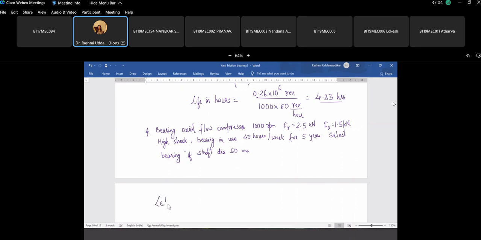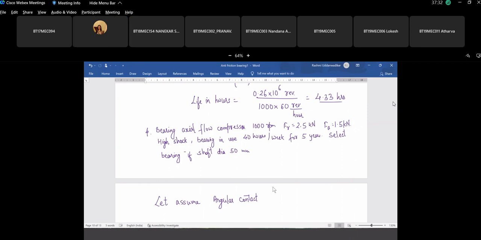So this is a combined loading, radial plus axial. Let us try. Angular contact ball bearing, and details for this will be available only in PSG design data book.